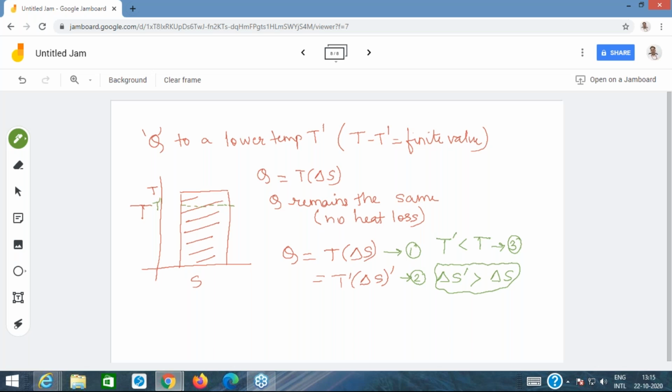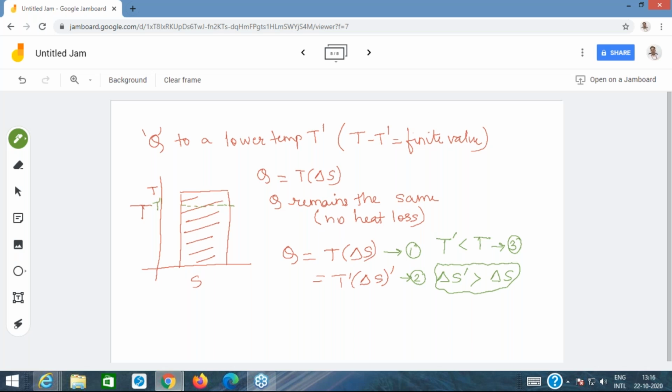What is the meaning of this? Because it is a finite value, the heat transfer from the source to the working fluid is an irreversible heat transfer. Now, what would Q be? Q would be T dash into some delta S dash. But Q is also T into delta S, right?